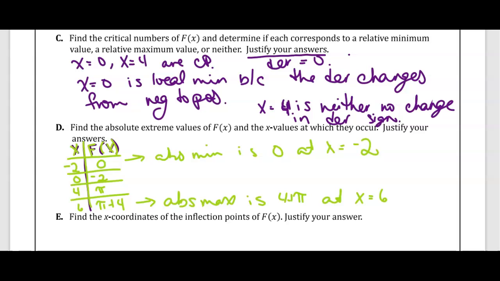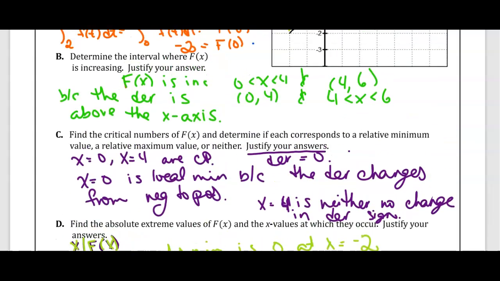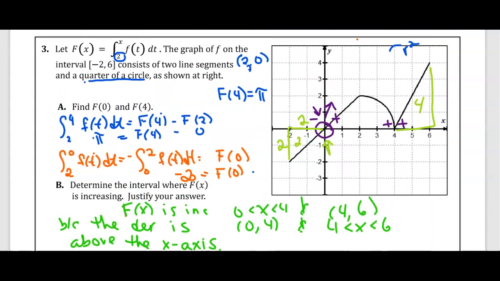Okay, point of inflection means second derivative set equal to 0 and then checking around it, of course. So we're now going to look back at our picture. I am going to get a new color because it makes me happy.